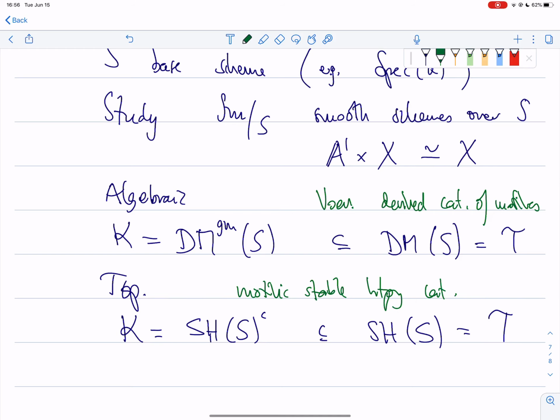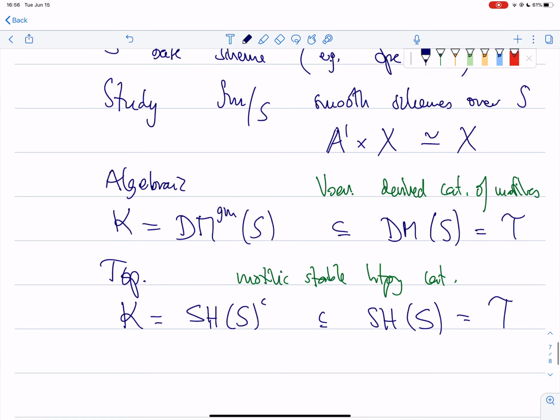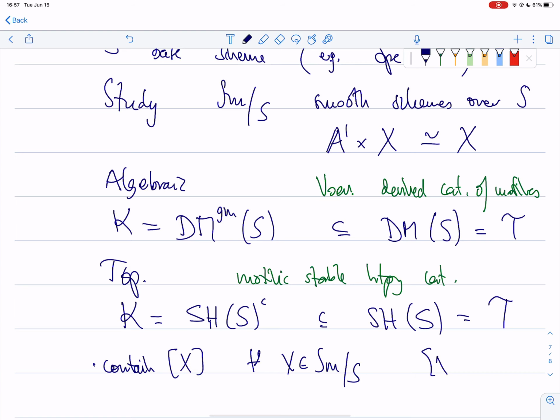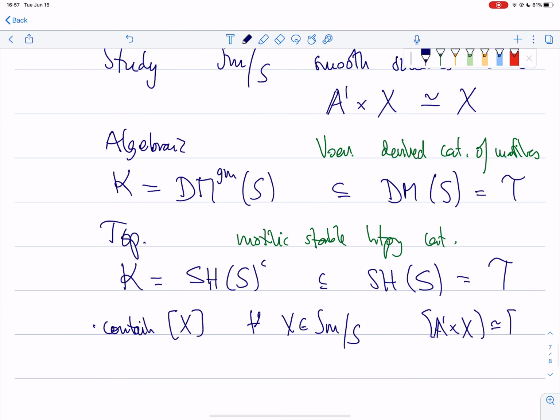In both cases, each of those categories contains an object motive of X for every smooth scheme X, at least, or actually for more general things, in a way that the motive of A1 cross X is isomorphic to the motive of X. So you make this homotopy that we wanted.